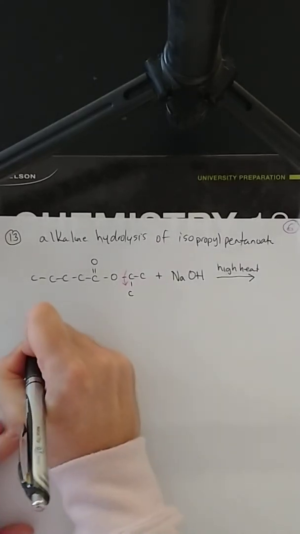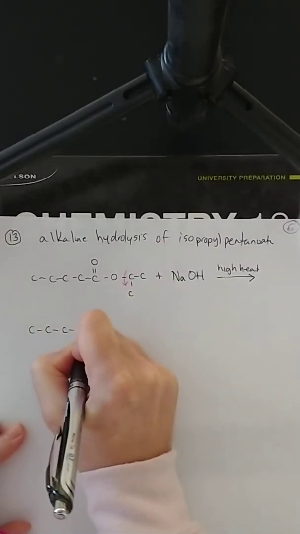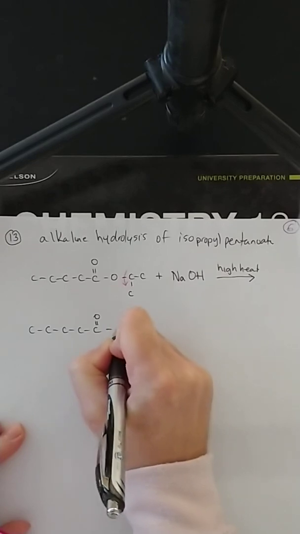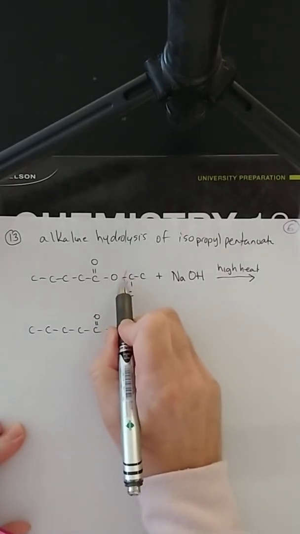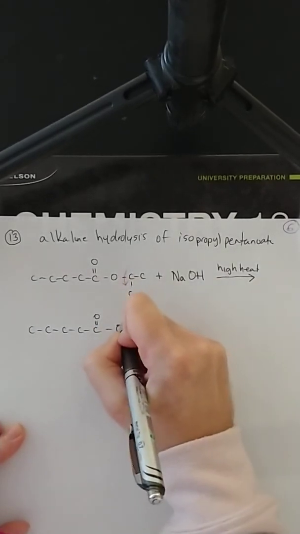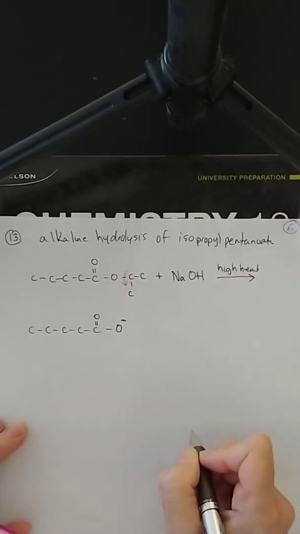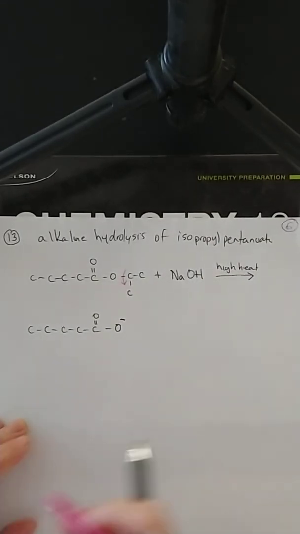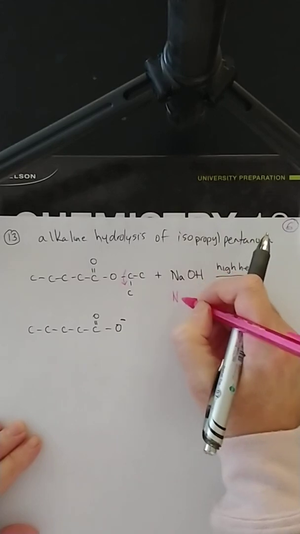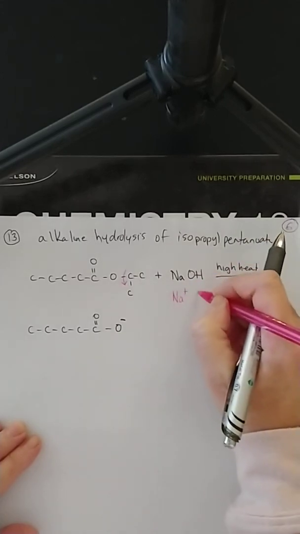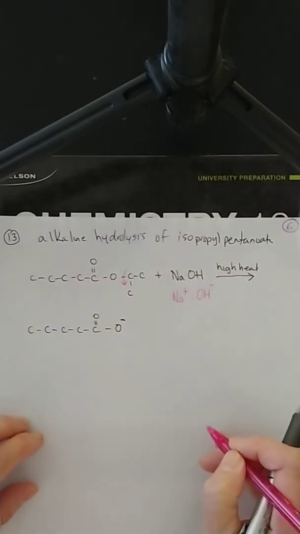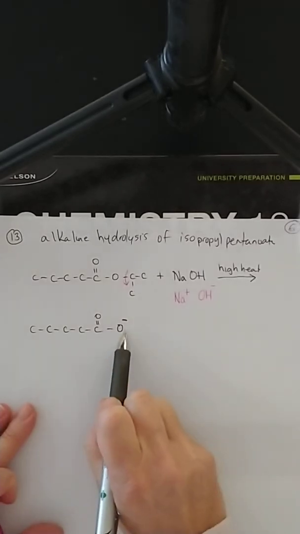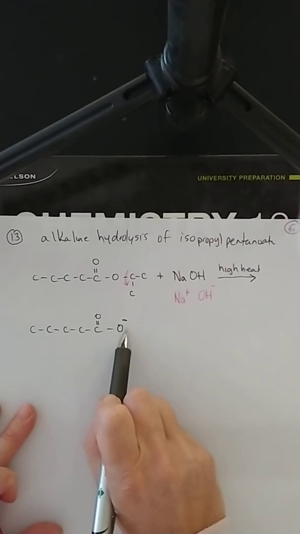And when you do that, what happens is this O now has a free electron on it, so it's going to form a negative charge. We know that sodium hydroxide, being ionic, is Na plus and OH negative. So what happens is this open bond on the O, that's an unpaired electron, so it carries a negative charge.